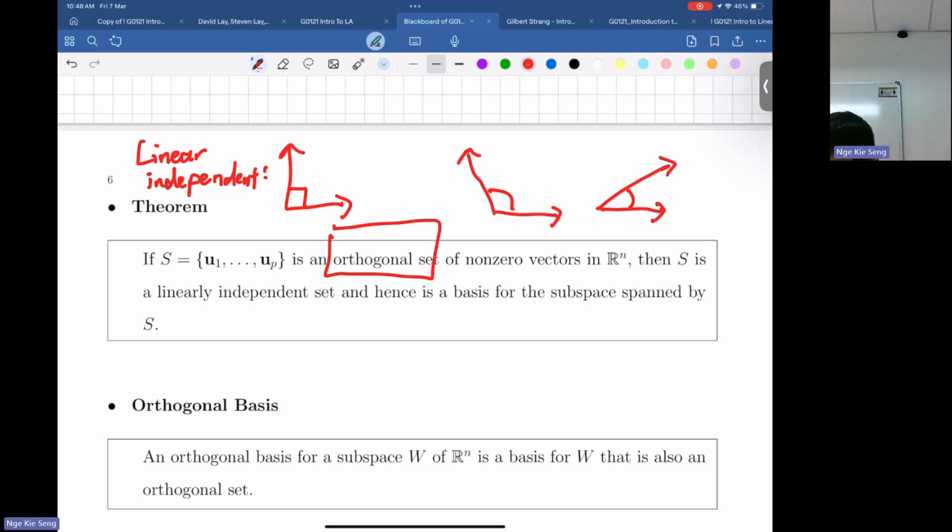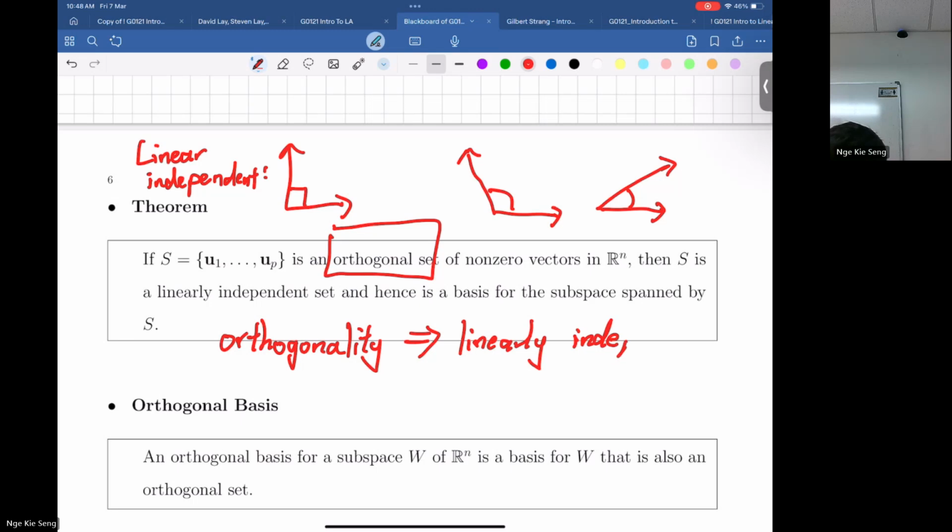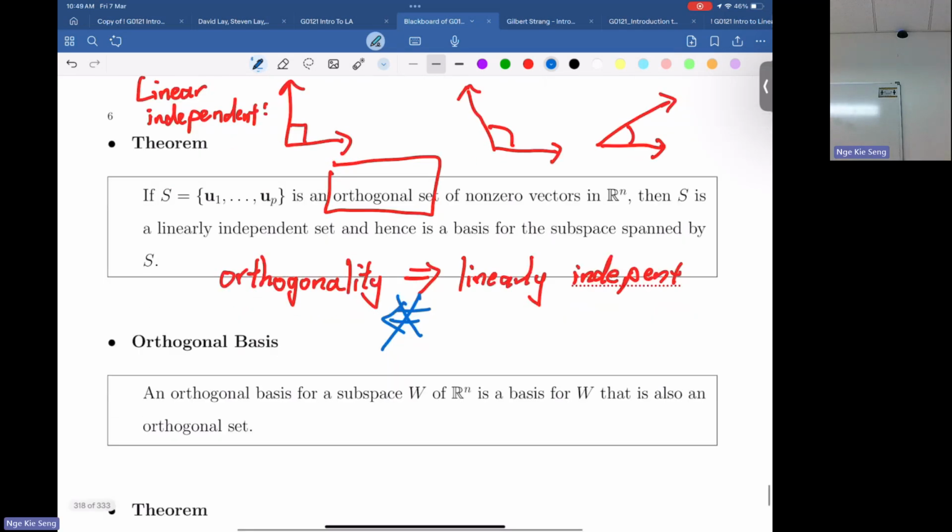So let me write it here: orthogonality implies linear independence, but not the other direction. Because you can have the other picture here, where vectors are linearly independent but not orthogonal.